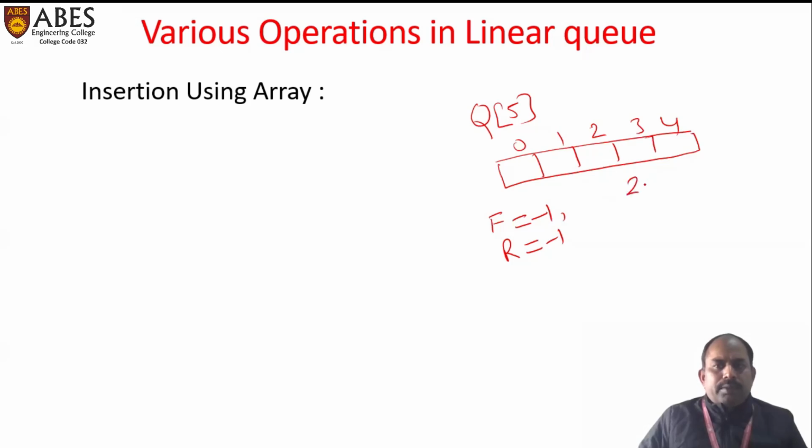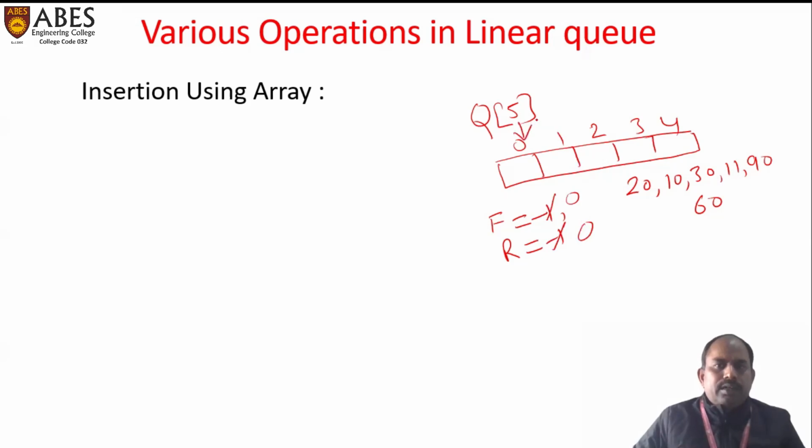Suppose we want to insert elements like 20, 10, 30, 11, and 6. These elements we have to insert. So firstly, we have to insert 20 here. Before inserting 20, we have to set the values of front and rear. Now set the value of front from -1 to 0 and the value of rear from -1 to 0.